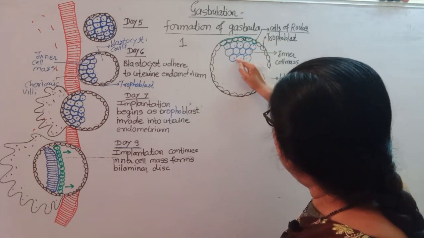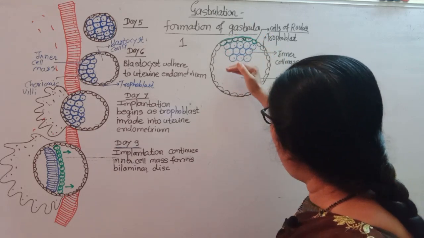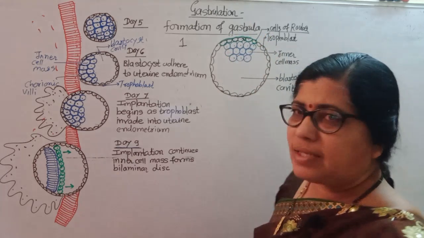Only these cells are present on the free end of the inner cell mass, not these other cells.